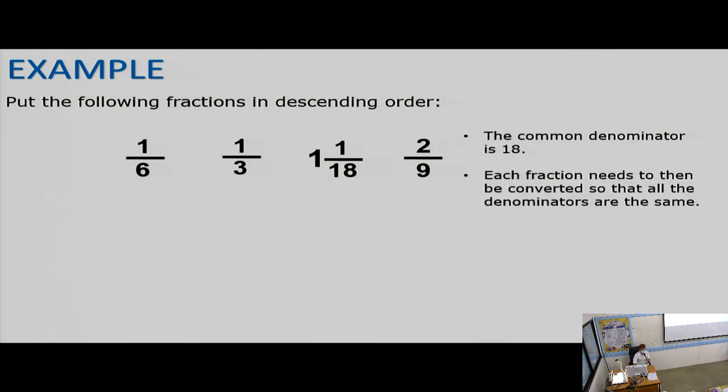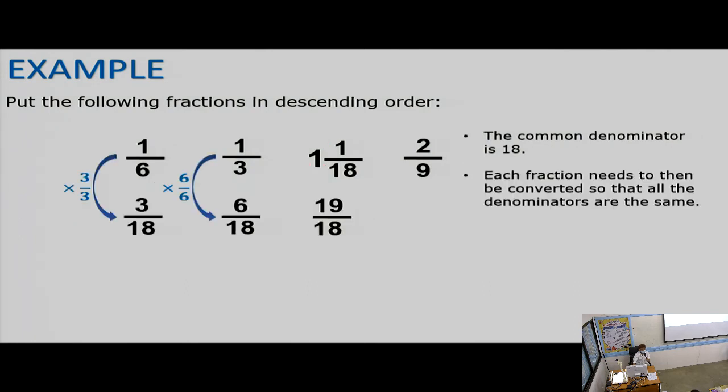Okay, so first, let's convert this to fraction. So we will have the equivalent fractions with the denominators 18. Now, if we're going to arrange this in descending, what should be the first fraction? Descending, highest to smallest.